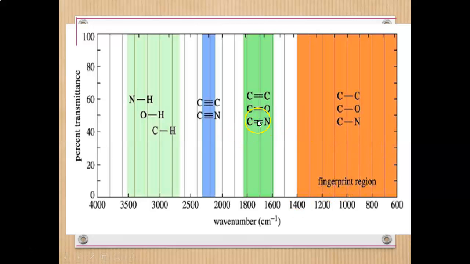For alkene C double bond C, it has a wave number around 1600 to 1800. The other is carbon-carbon triple bond, NH, OH, and so on. So you can roughly estimate what type of functional group it is and what the wave number of that functional group is.